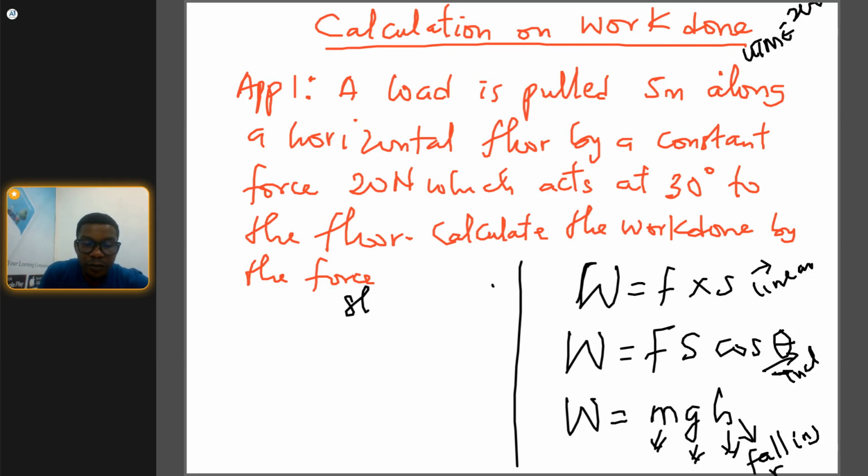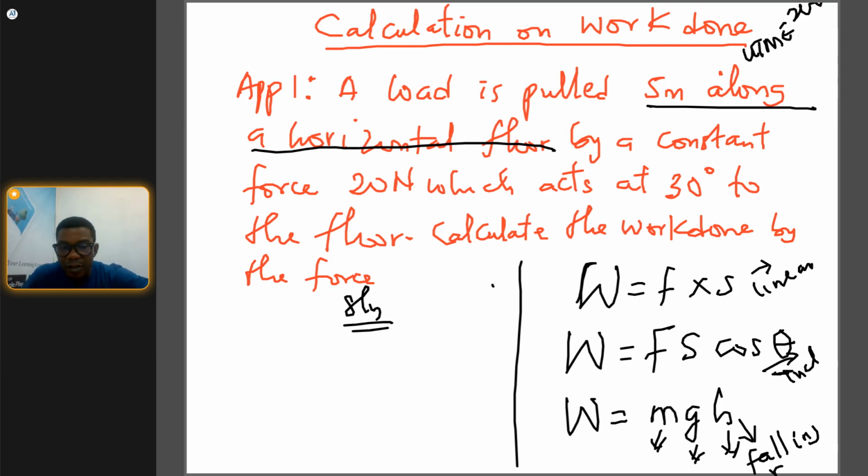For this question, the first thing you need to do is to identify your parameters. That will make the solution simple. A load is pulled 5 meters along a horizontal floor, which means 5 meters is the distance covered on the ground when it was moving. So distance is represented by S, that is 5 meters.